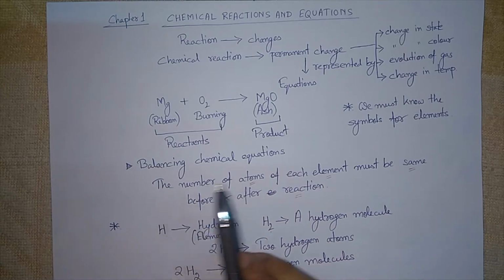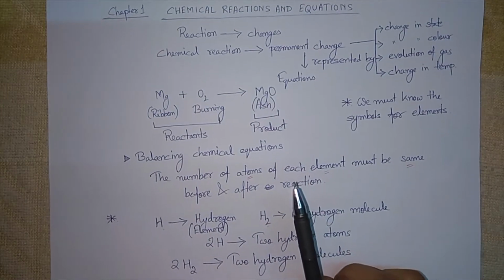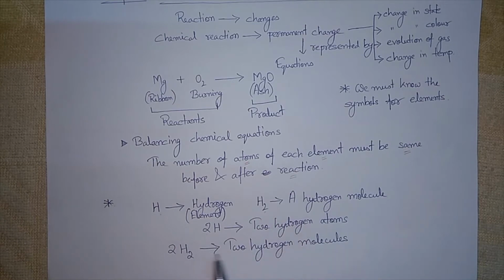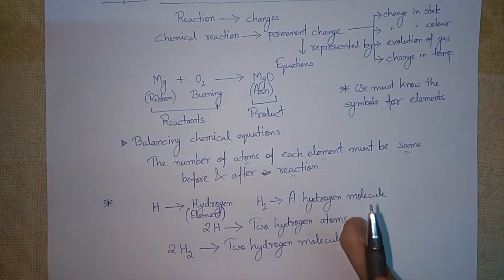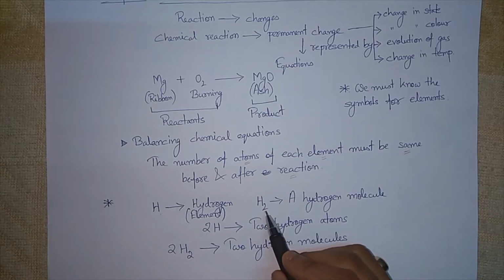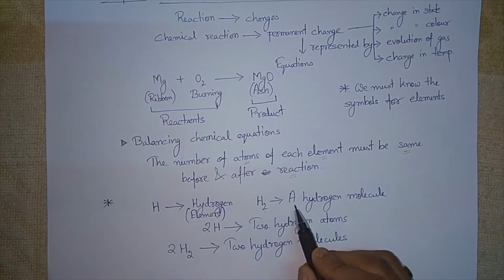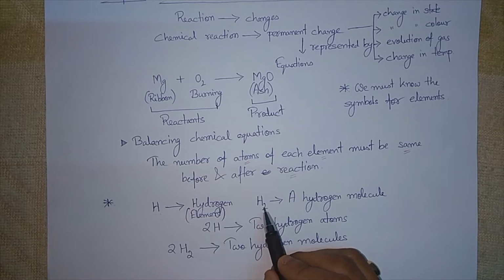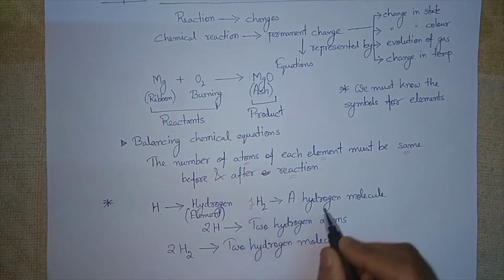Before balancing the chemical equations, we must know the basic rules of the elements. If I say simply H, that means the hydrogen element. I am not suggesting any atoms or molecules. I think you have the concept of atoms and molecules. But when I write H2, it means one hydrogen molecule.